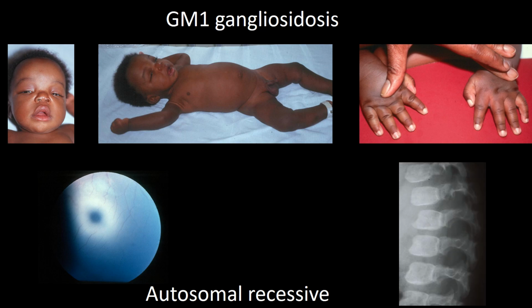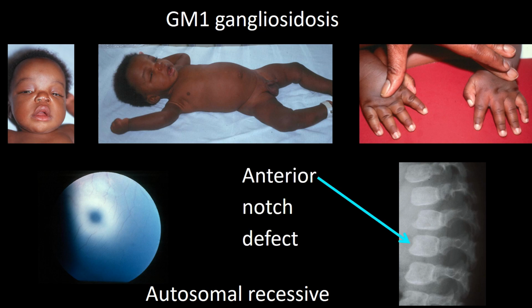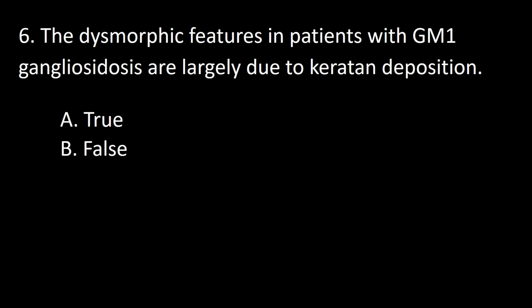One characteristic finding of bone dysostosis is an anterior notch defect in the lumbar region. This finding is characteristic of all gangliosidosis with bone involvement and of mucopolysaccharidosis. In this frame, you can see a defect in the vertebra being pointed to by the arrow, and also here. GM1 gangliosidosis is an autosomal recessive condition. So the answer to this question is A.